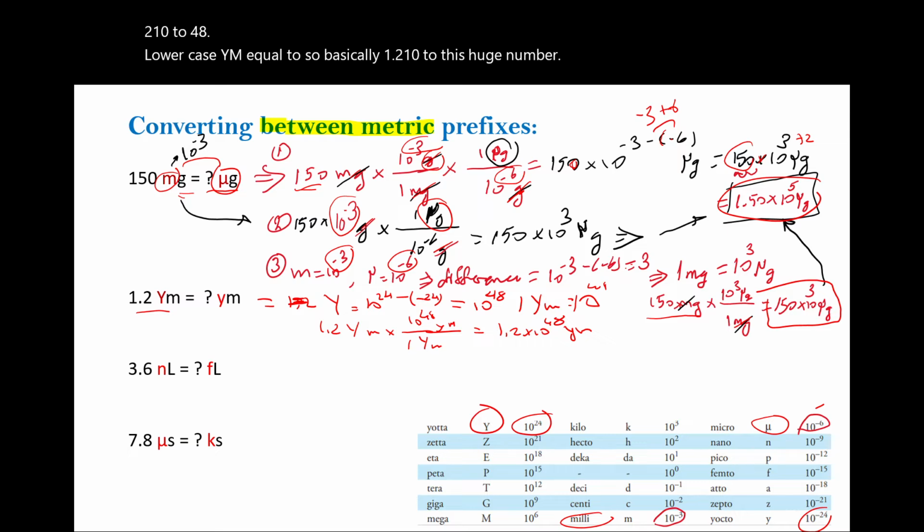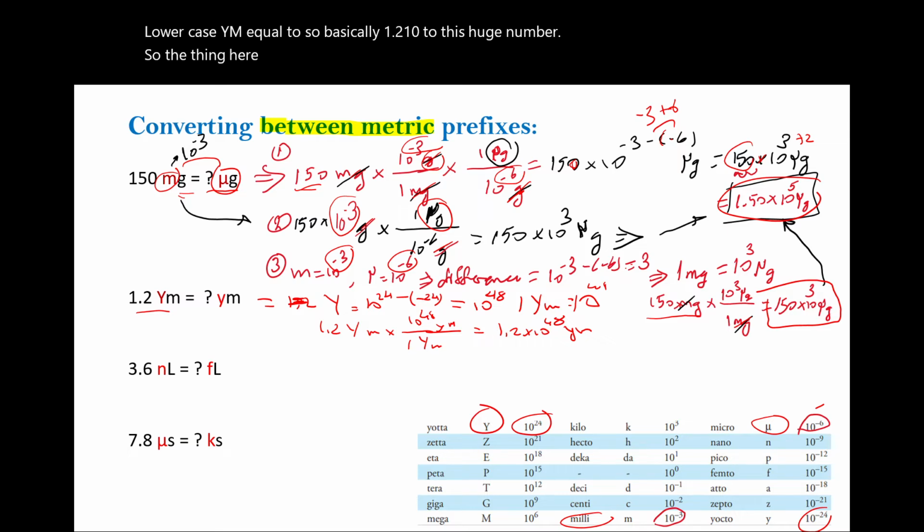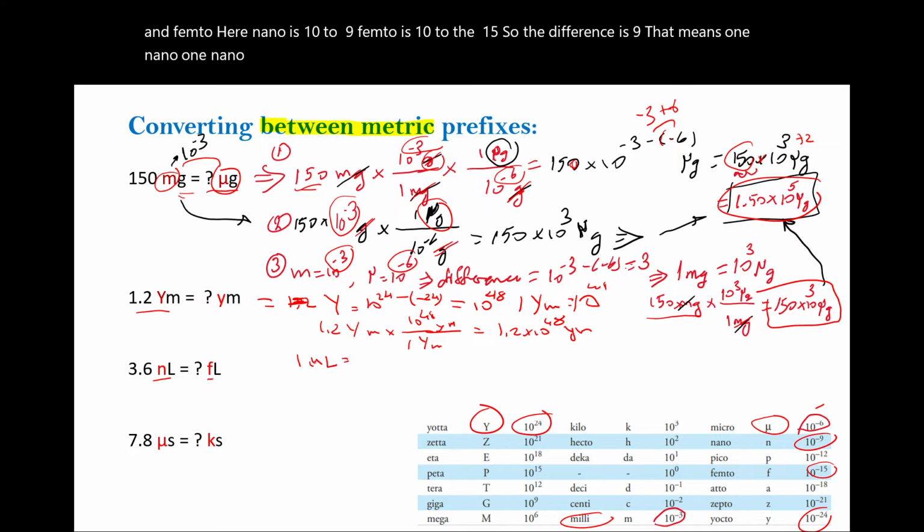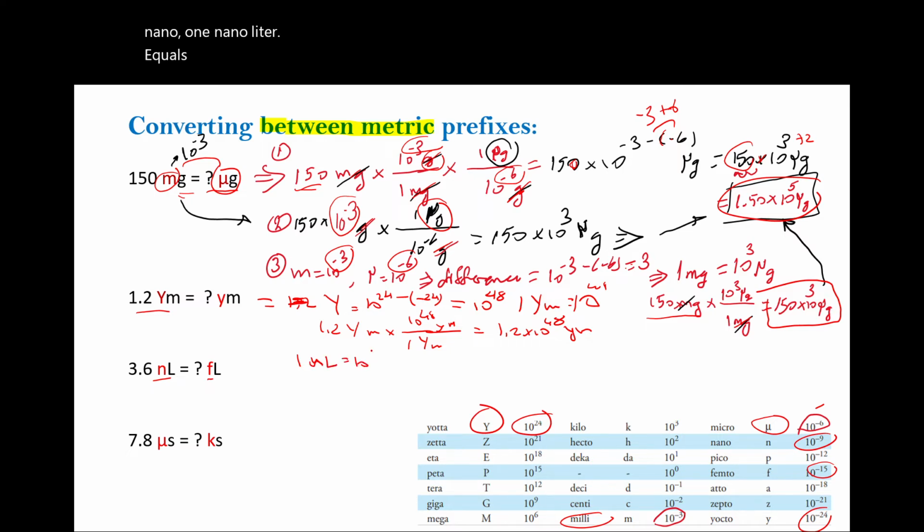The thing here is we're trying to show how we can convert from one prefix to the other. So nano and femto here: nano is 10 to negative 9, femto is 10 to negative 15. So the difference is 9. That means 1 nanoliter equals 10 to 9 femtoliter.